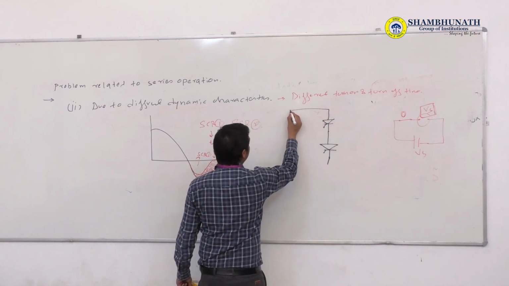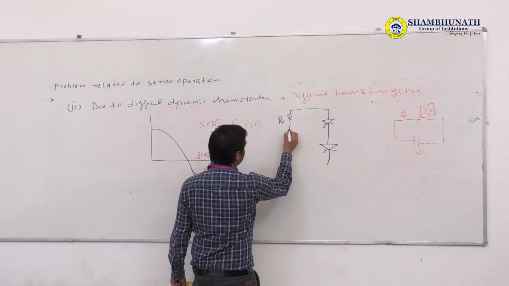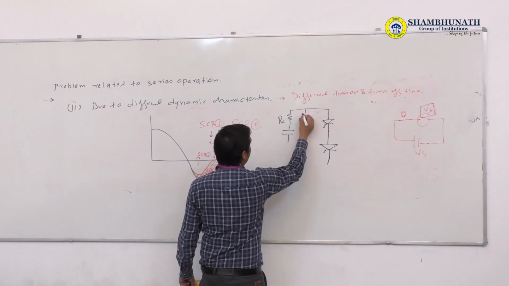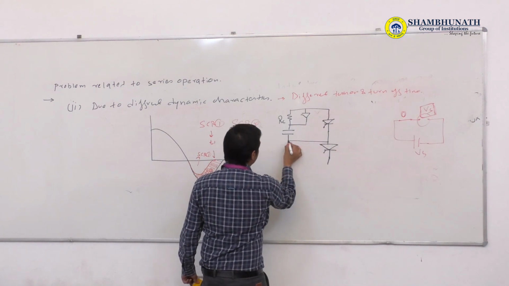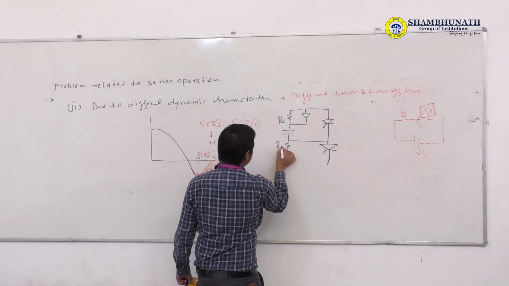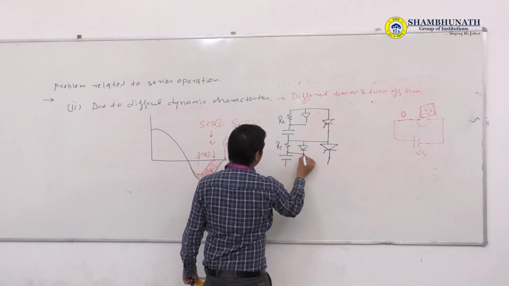We connect an RC combination, which is a bypass resistor, capacitor and a diode, across each one.